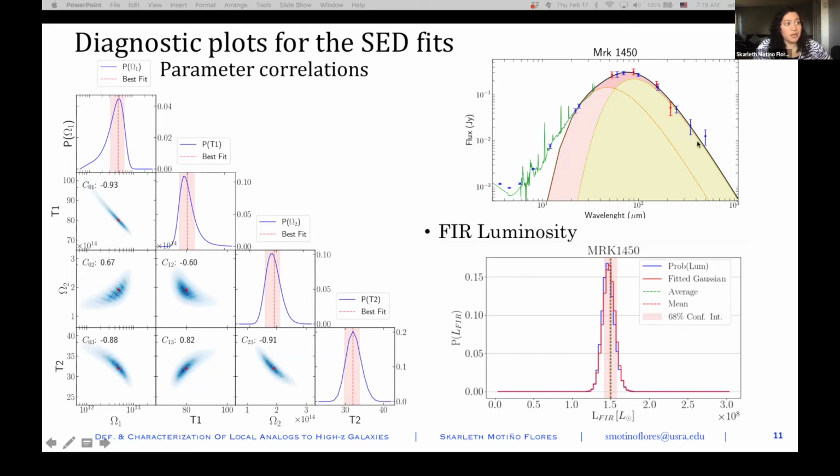And then we have Herschel and SOFIA data in the far infrared. This allows us to derive the far infrared or total infrared luminosity very well. This is important because these measurements are used for reference for high redshift galaxies, so it's very good to have a well-defined far infrared luminosity.